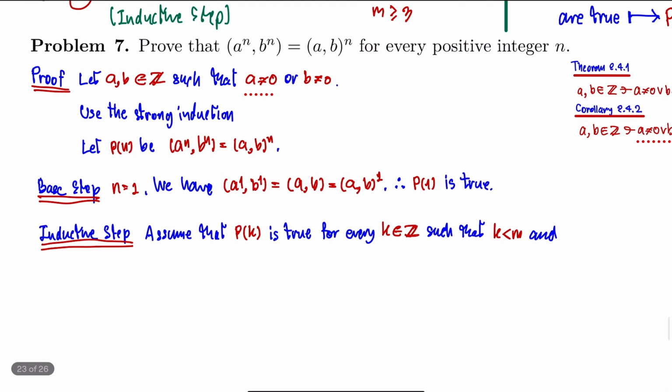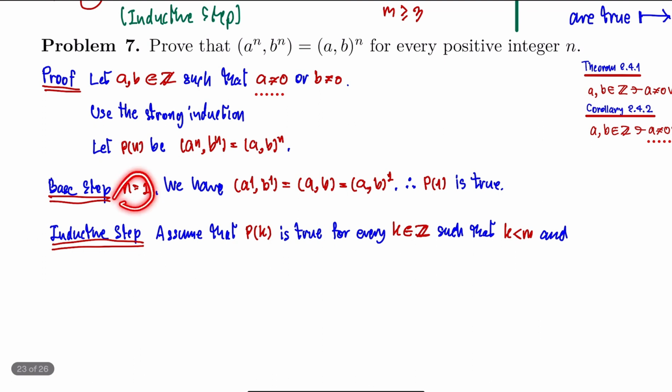And since I just showed that P(1) is true, I have to make sure that P(2), P(3), P(4) are all true. So I will assign m to be greater than or equal to 2 and try to show that P(m) is true.